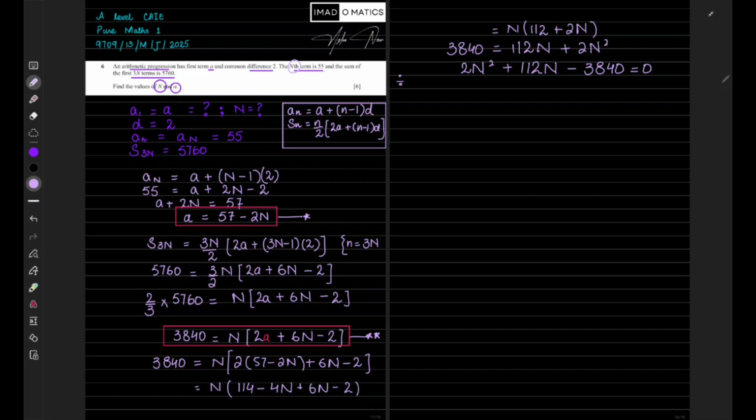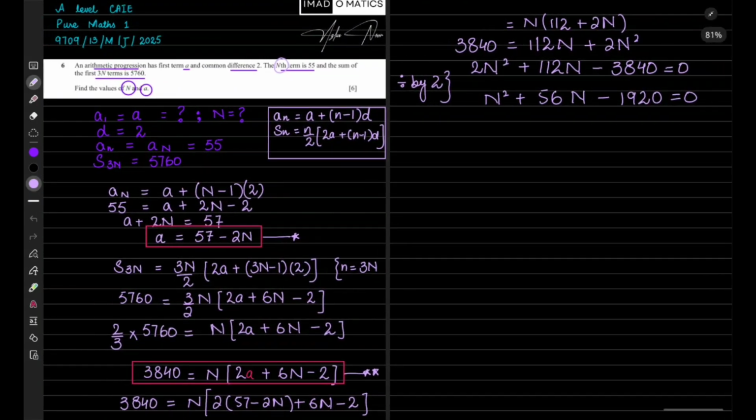So dividing this whole equation by 2, this will become n squared plus 56n minus 1920 equals 0.